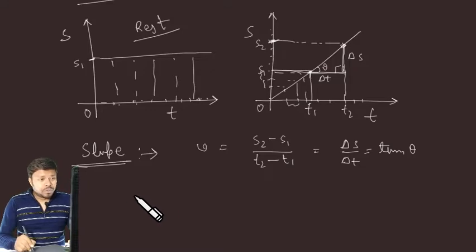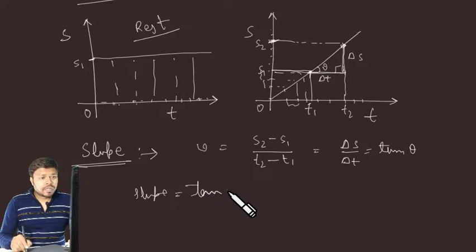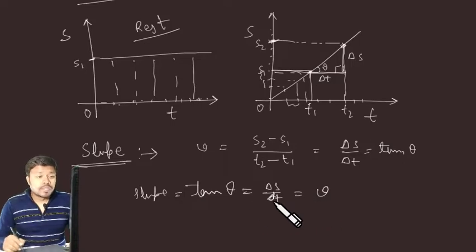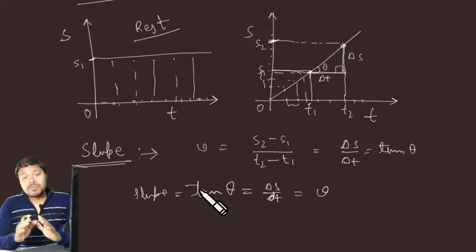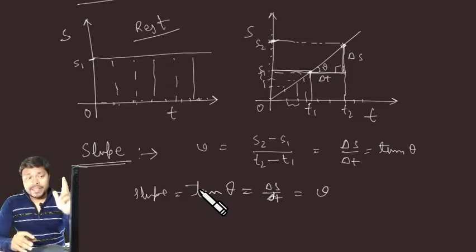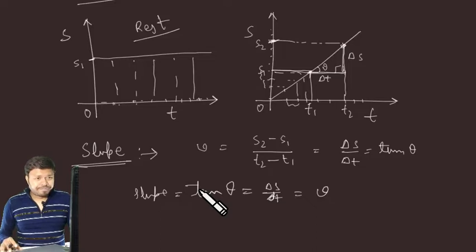Slope equals tan theta equals del S by del T, which is equal to what? Velocity. This is a very important point. That means the slope of a displacement time graph represents the velocity of the body. Simple as that. The slope, or the tan theta, of the displacement time graph represents the velocity of the body. Make it clear.